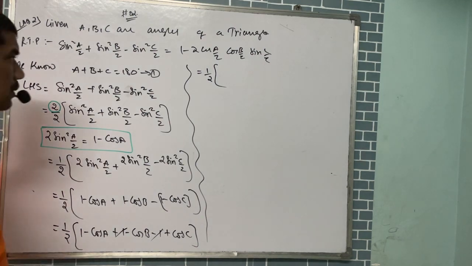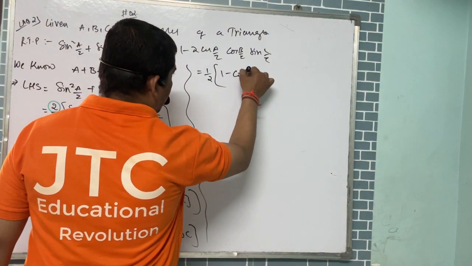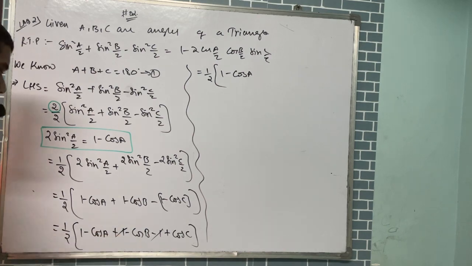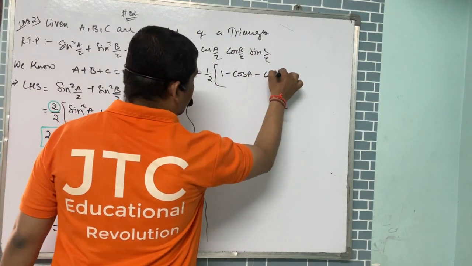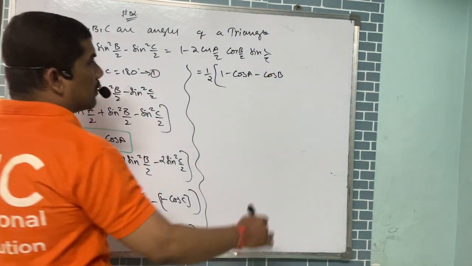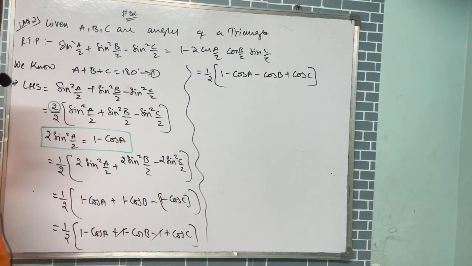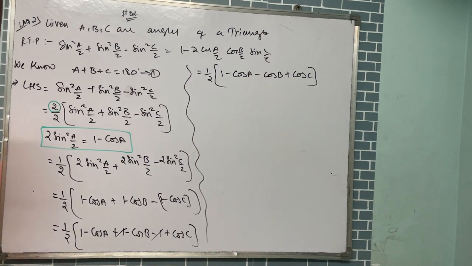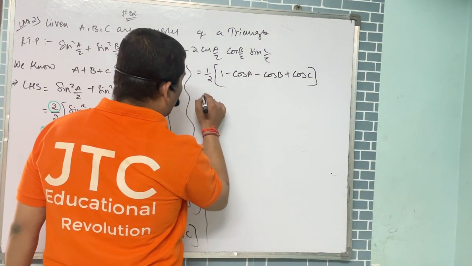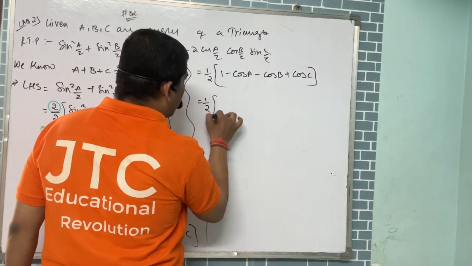This 1 is left out. 1 minus cos A minus cos B plus cos C.